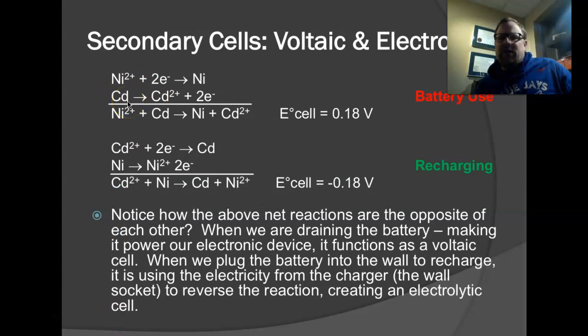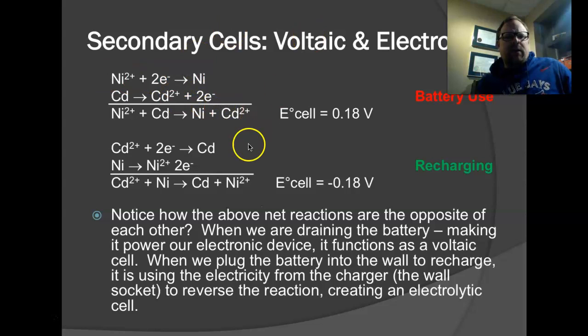In a nickel-cadmium battery, a NiCad rechargeable battery, when we're using the battery, in other words, it's powering whatever device we have it in, we have cadmium breaking down into ions and transferring electrons over to the nickel, and the nickel being generated into solid nickel at that point.